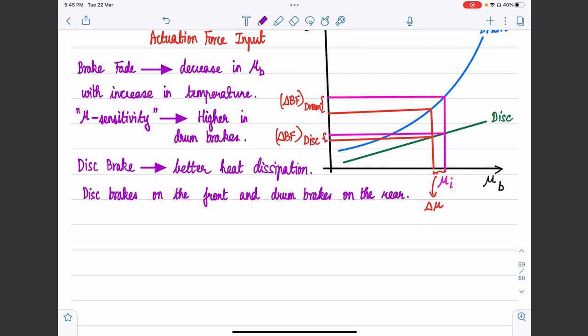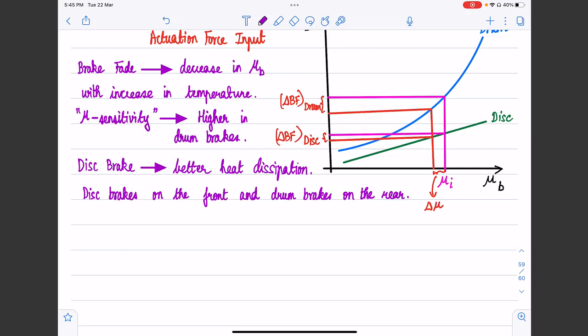However, in the rear, we are going to have a lower proportion of braking. So although it is not the ideal scenario, given a constraint that we need to put disc brakes on one set of wheels and drum brakes on another set of wheels, the configuration which will have the least trade-off will be putting the drum brakes on the rear.